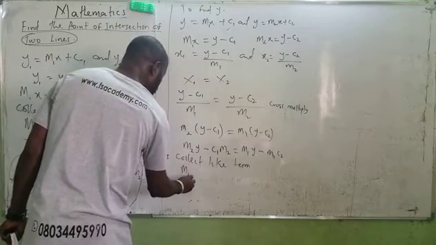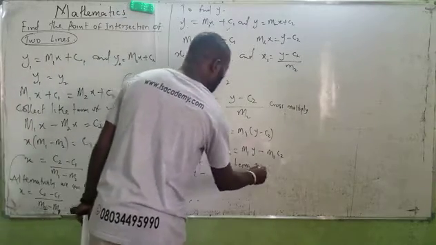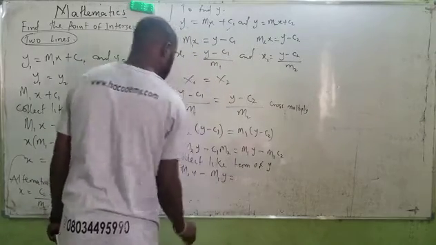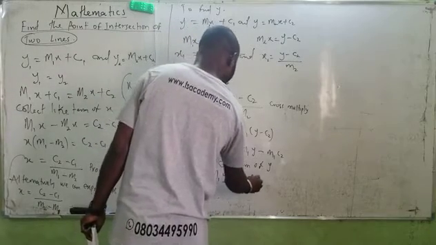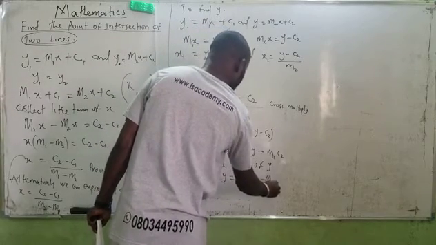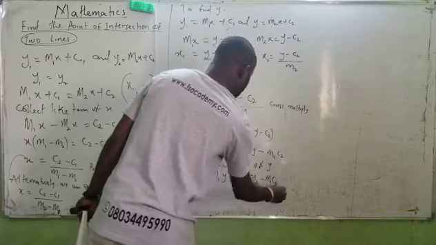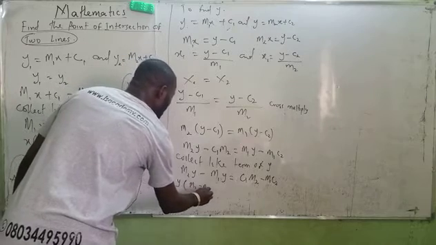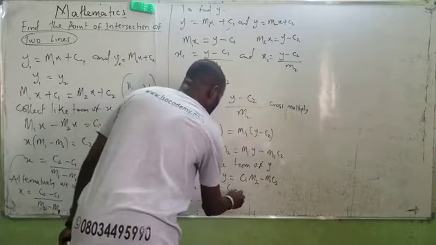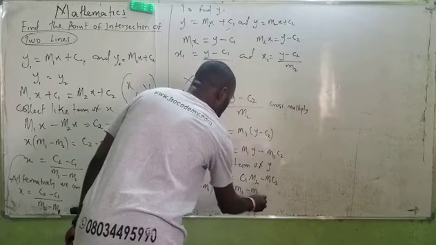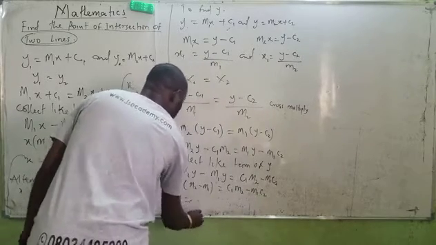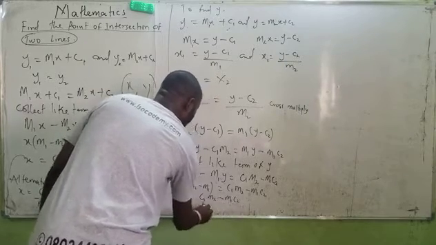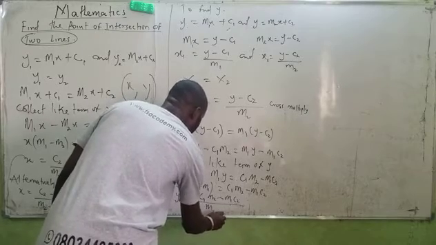It means m2y minus m1y equals c1m2 minus m1c2. Now, y times (m2 minus m1) equals c1m2 minus m1c2. y will be equal to what? c1m2 minus m1c2 divided by m2 minus m1.